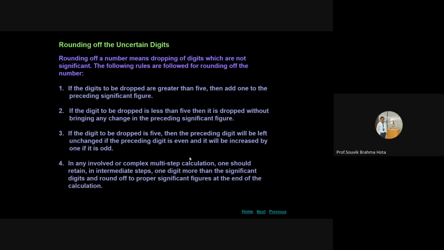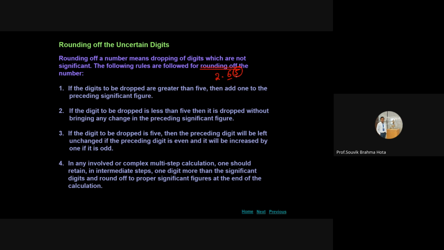Let's see an example. Suppose you have 2.65. I ask you to get one decimal place, so the 5 has to be dropped.